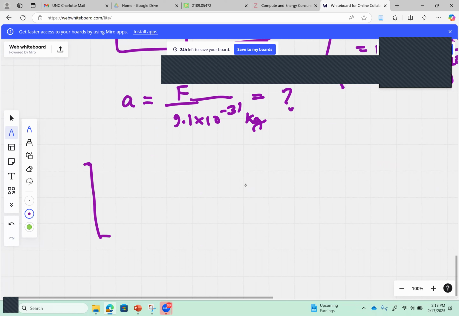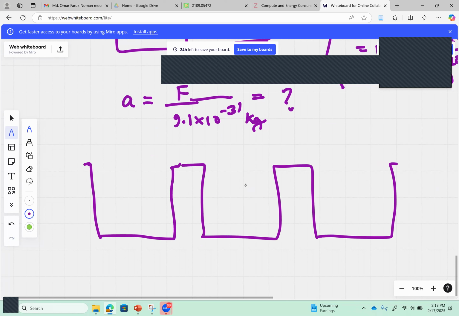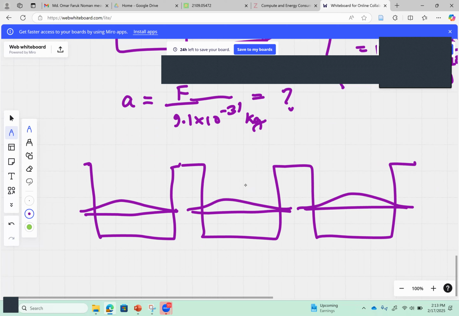So remember that when an electron moves through a crystal, and how does an electron move through a crystal? By interacting with the ions, right?